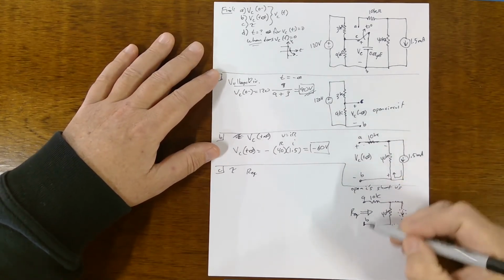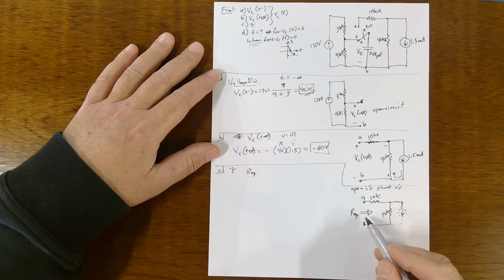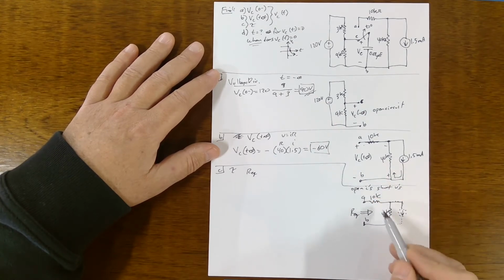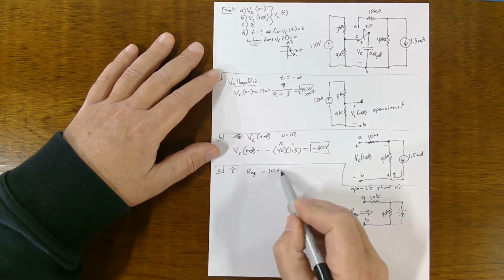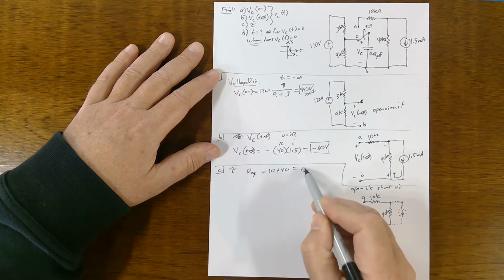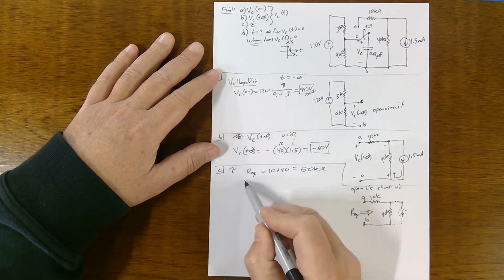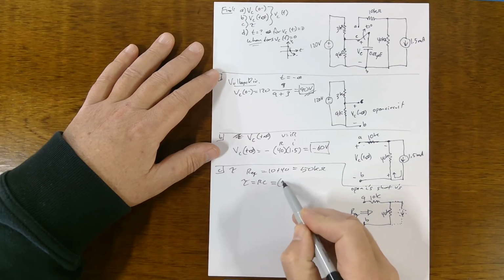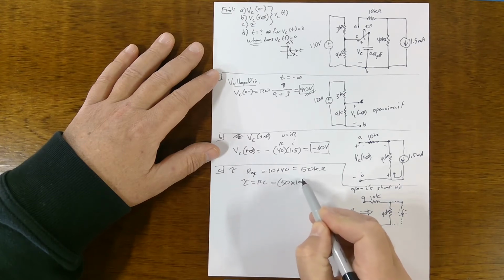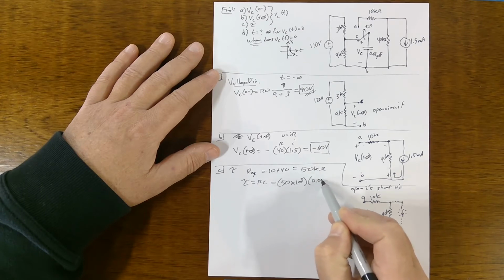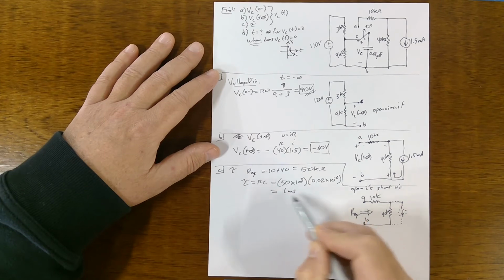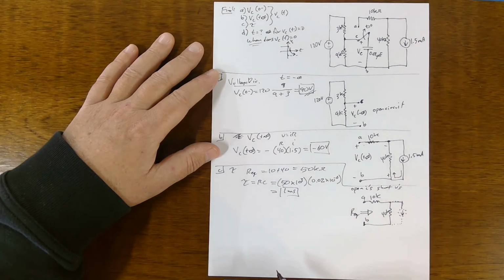So that's across terminals A, B. What does the capacitor see as the resistance? It's just 10 plus 40. The cap sees 50 kilo ohms. So then tau is RC. So it's 50 kilo ohms times 0.02 microfarad. It's going to be 1 millisecond. That's our other answer.